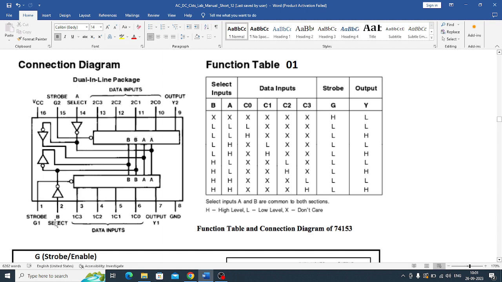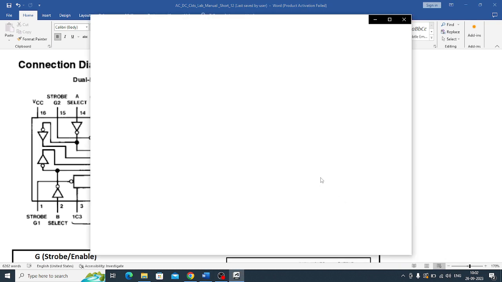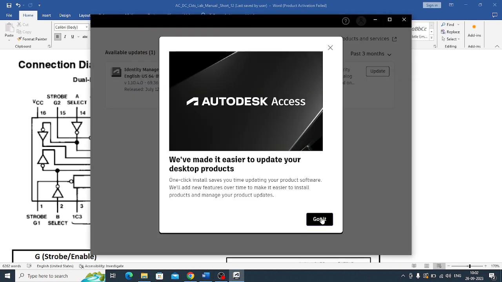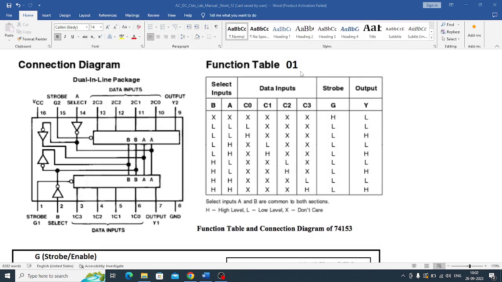Pin number same, 14 and 2. 2 is MSB, the bit B or S1. 14 is bit number LSB, A. You can see here, select inputs S0 and S1, or BA.